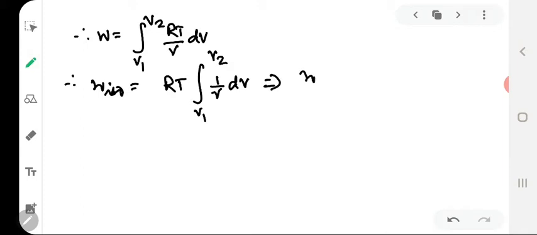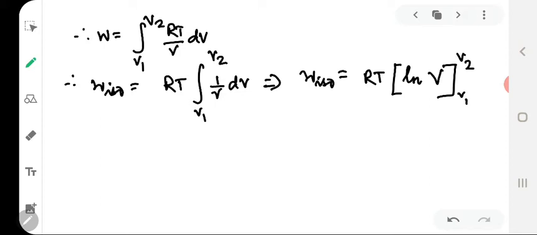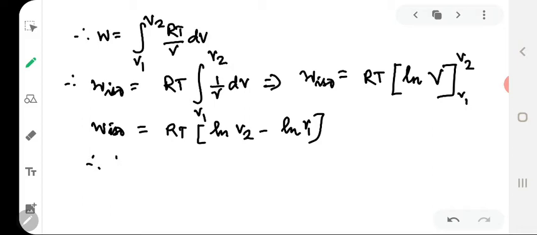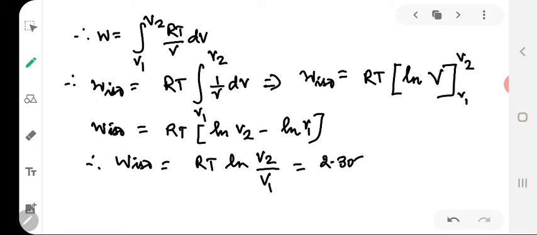So on solving this, and substituting the limits, for an isothermal process, this will be equal to RT log of V2 by V1, or on changing to the common base, we get 2.303 RT log of base 10 V2 by V1.